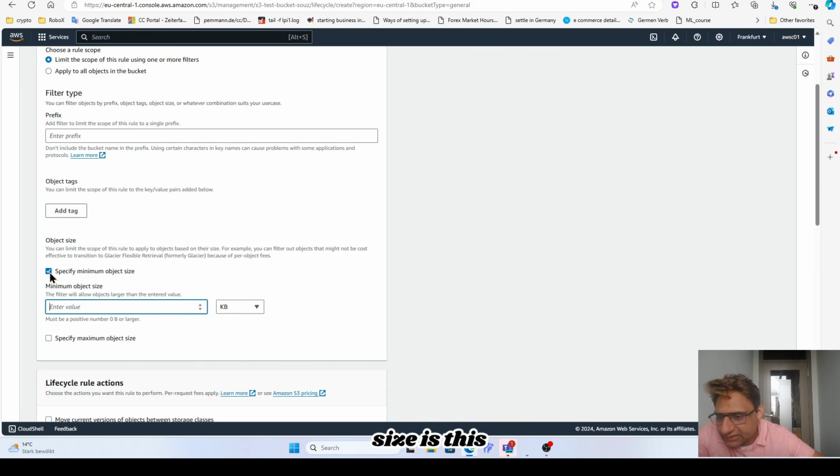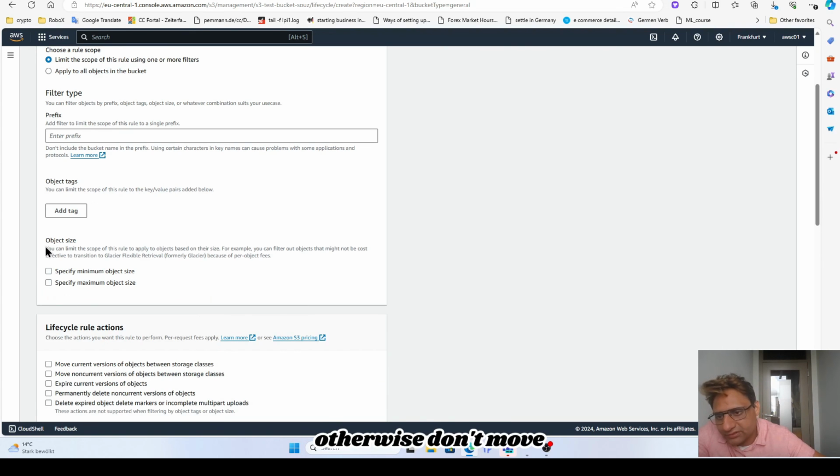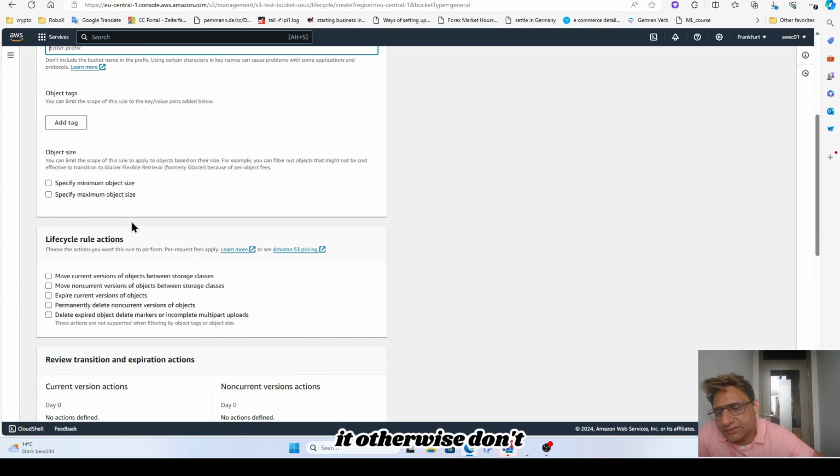If the object size is this one, move this, otherwise don't move it. So there are some handy options. You can say that if the file name starts with this prefix, then move it, otherwise don't move it.